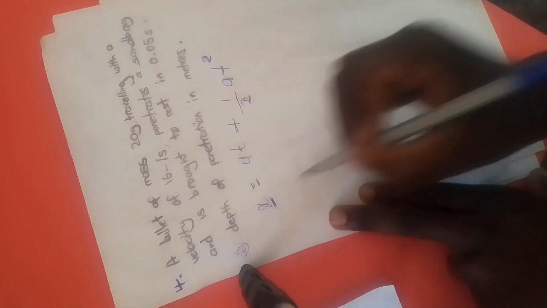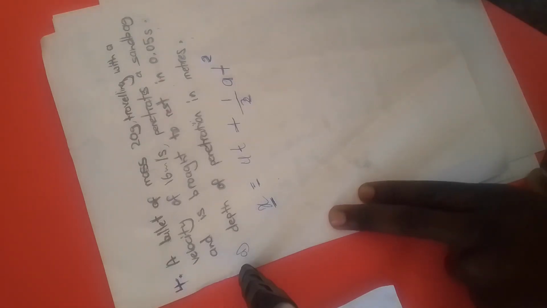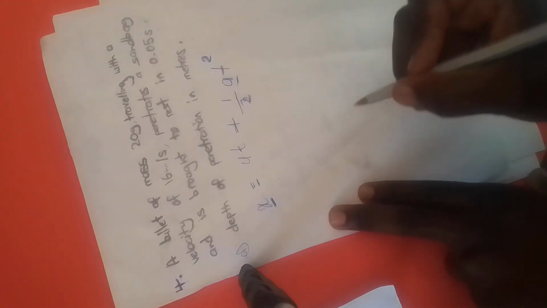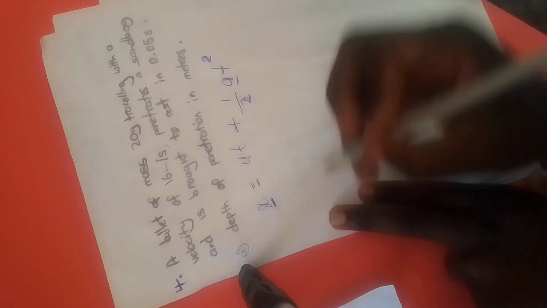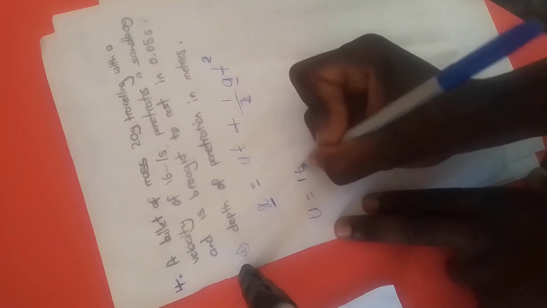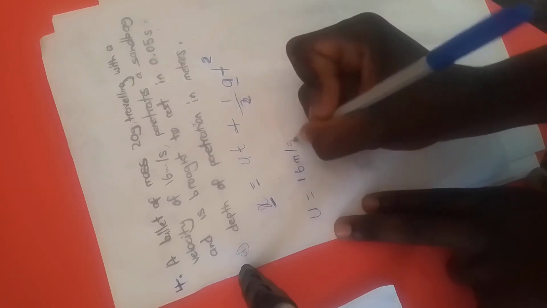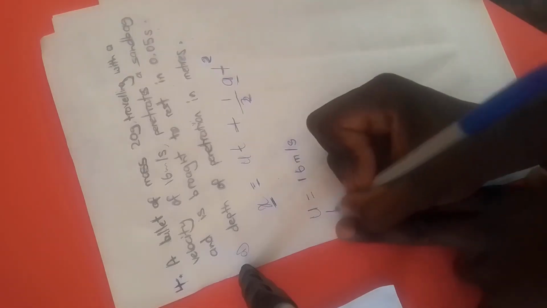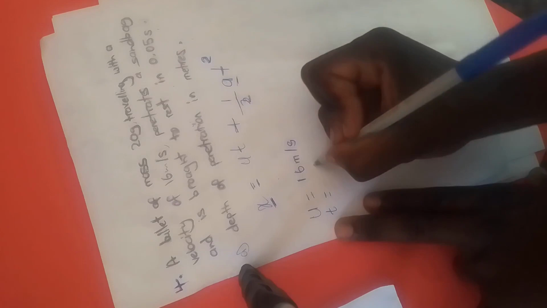We have x, the variable which we want to calculate, then we don't have a, the acceleration or deceleration. We have u, the initial velocity, the bullet is traveling at 16 meters per second. That's u. Then we have t. T is equal to 0.05 seconds.